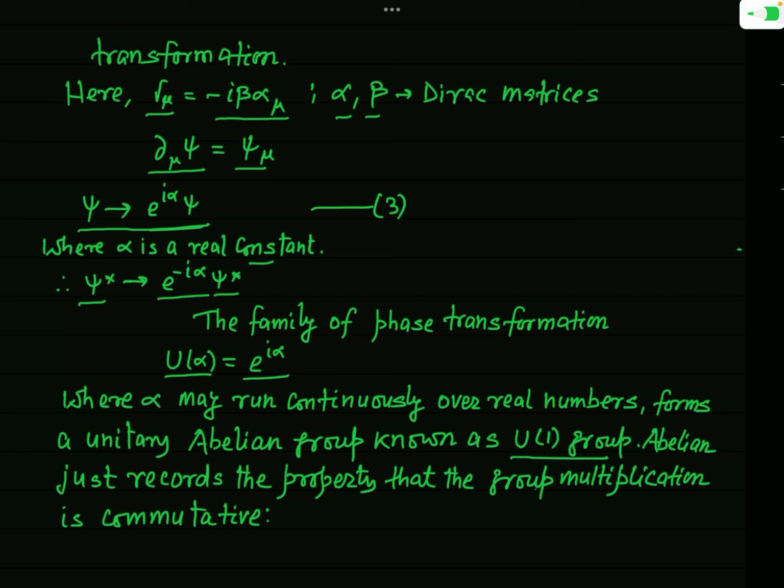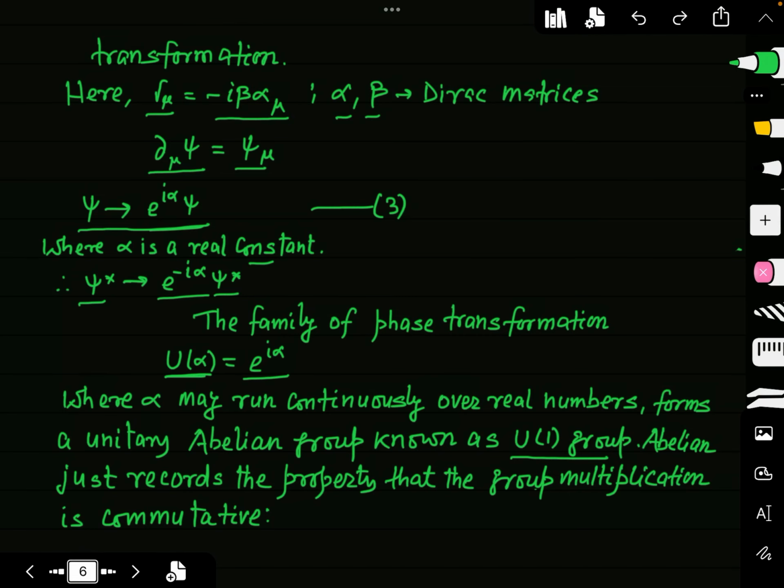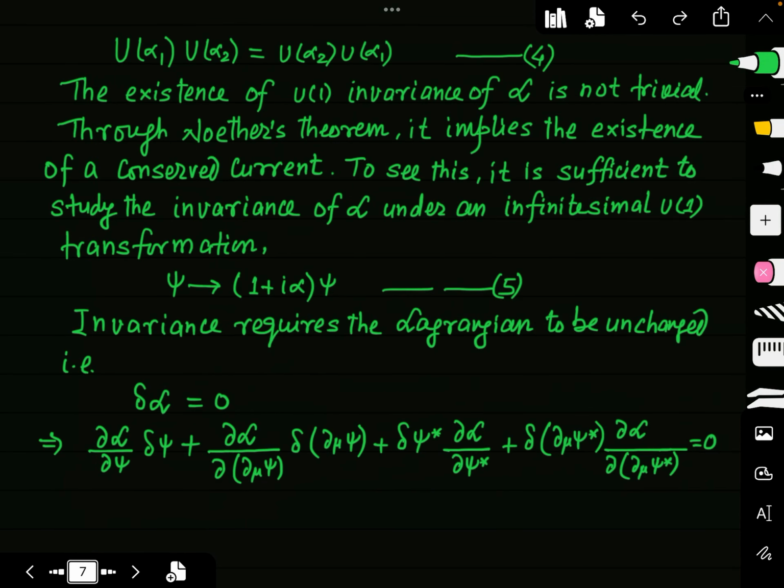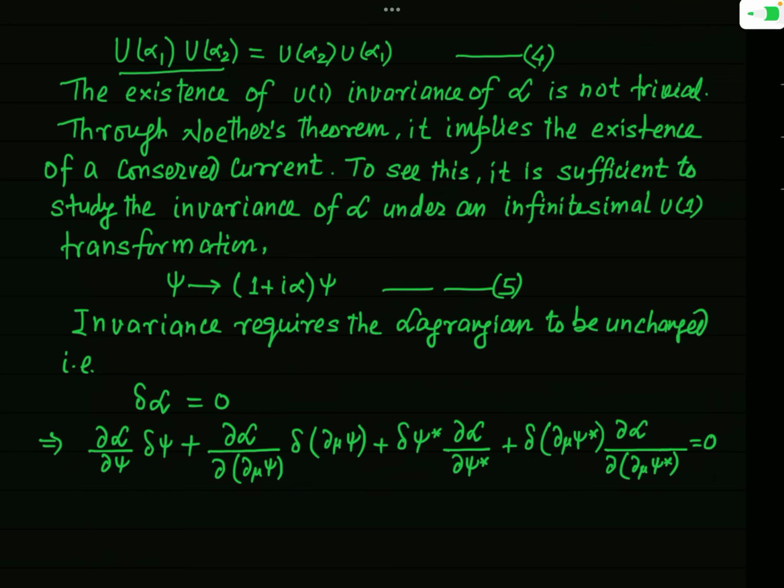Now you know that any abelian group follows a particular property, that its product is commutative. So if U alpha is an abelian group, then it will follow the commutative law of multiplication, and so we can write that U alpha 1 times U alpha 2 is equal to U alpha 2 times U alpha 1. Okay.